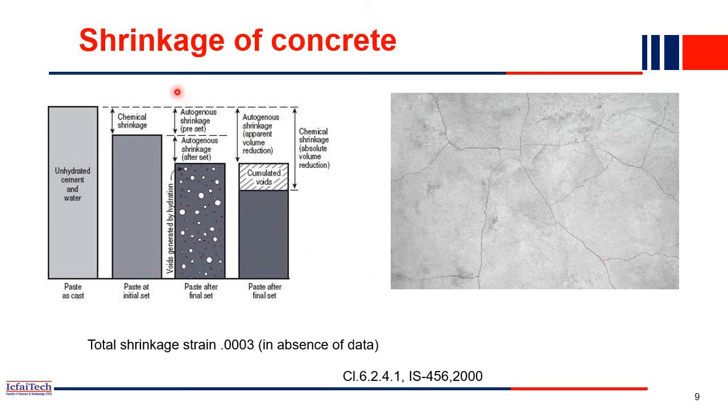Next property of concrete is shrinkage of concrete. Now, what is shrinkage? As I mentioned, concrete is made up of what? Sand, cement, coarse aggregate, fine aggregate, and the water, right? These materials are basically used for construction of concrete.